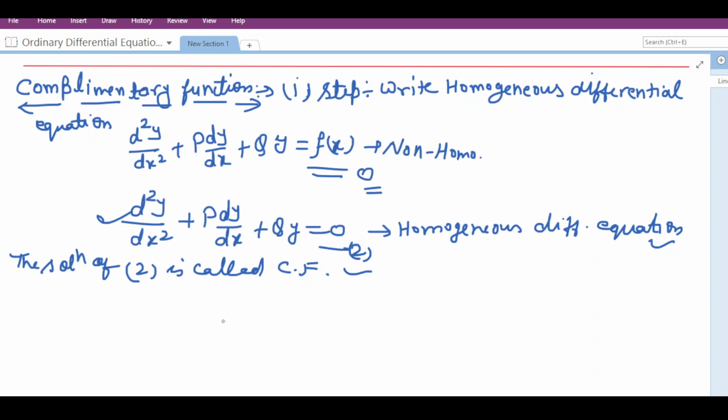Okay, so in order to find out the complementary function, first what we have to do? First we have to find the auxiliary equation. The first thing that we have to find out is the auxiliary equation.